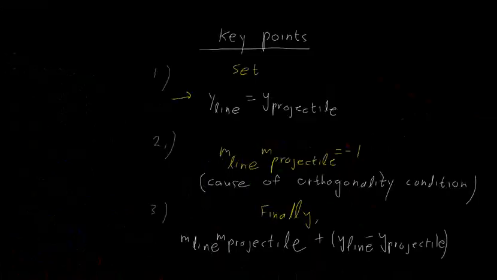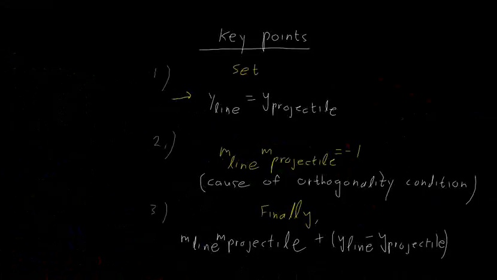I'm just taking the equation of the line, so I call it y subscript line, and that is equal to y subscript projectile, because since both the line and the projectile, the projectile being the trajectory, intersect each other, their equations have to be set equal.